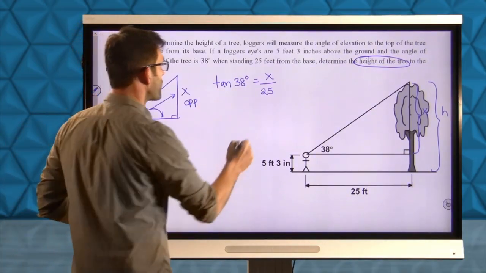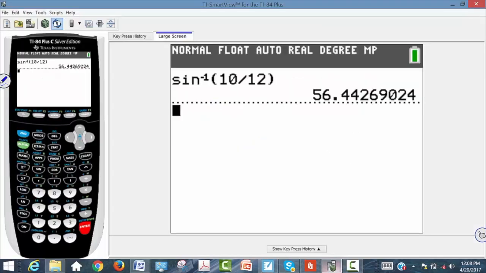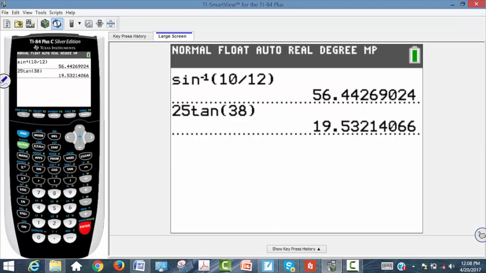Remember, when we solve for missing sides of a right triangle, I can just multiply both sides by 25, and I'll find that x is 25 times the tangent of 38 degrees. Let's go ahead and evaluate that. 25 times the tangent of 38. 25 tangent 38 equals 19.5321.